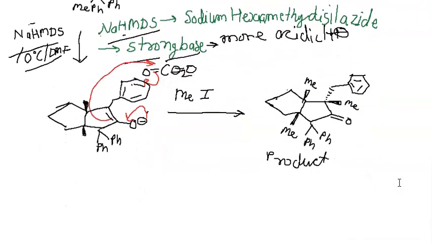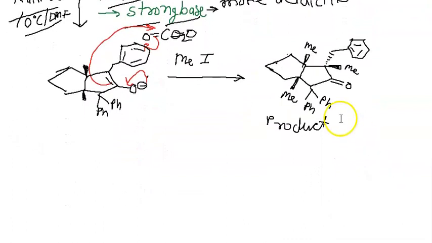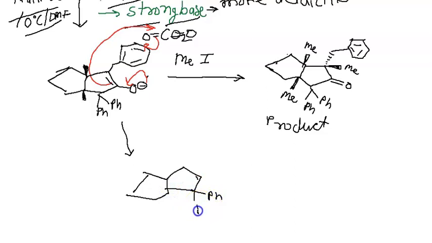I will show it here further. In the next step, we will form the carboxylate, and here is the carbon group.